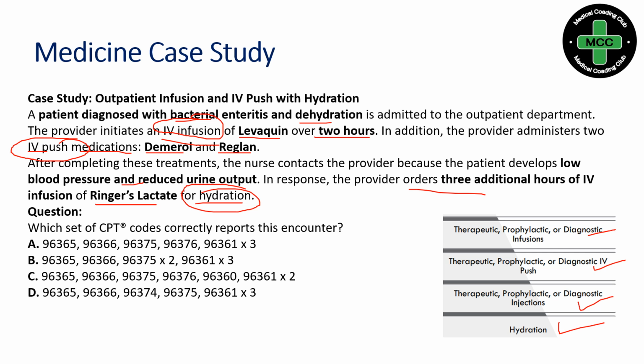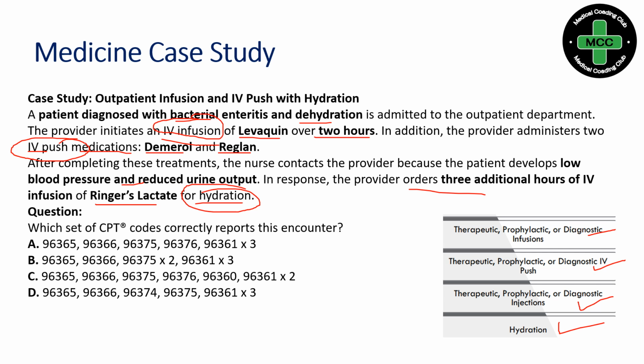Remember, when you are coding for infusions or IV push, we can code only one primary code, and you cannot use two standalone codes together. You cannot take the IV push primary code and the IV infusion primary code and bill them together in a single scenario.